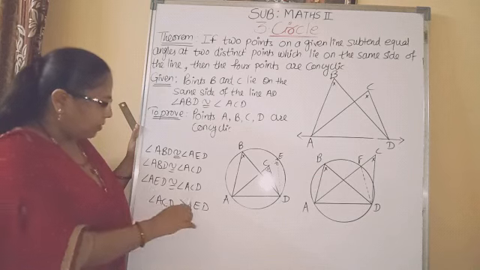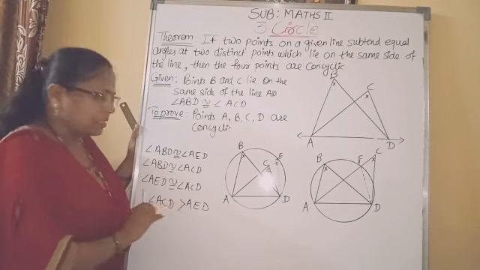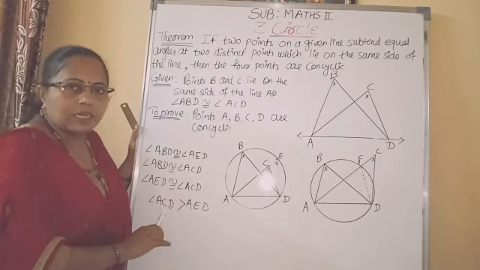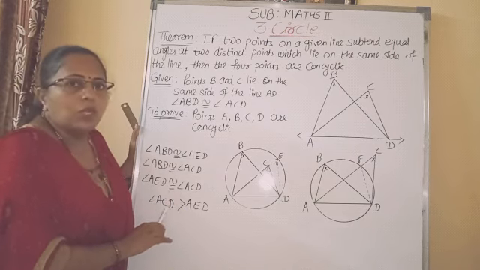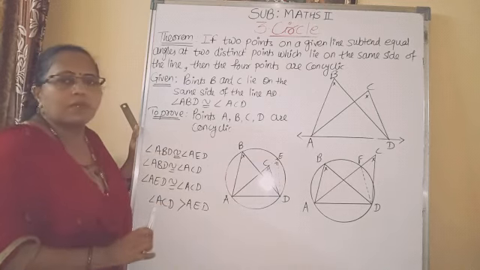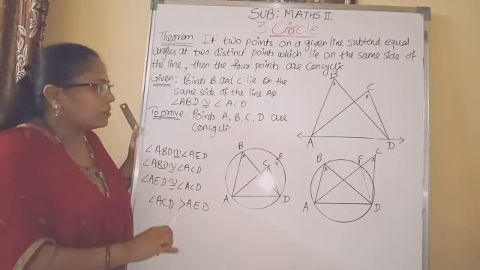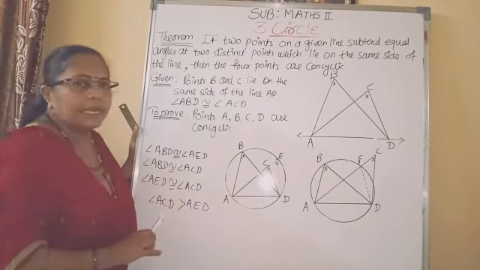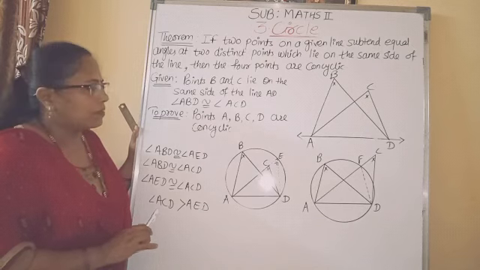And here we got both the angles equal. So again the contradiction arises due to the assumption that point C is in the interior of the circle. So this assumption is wrong. Point C is not in the interior of the circle.